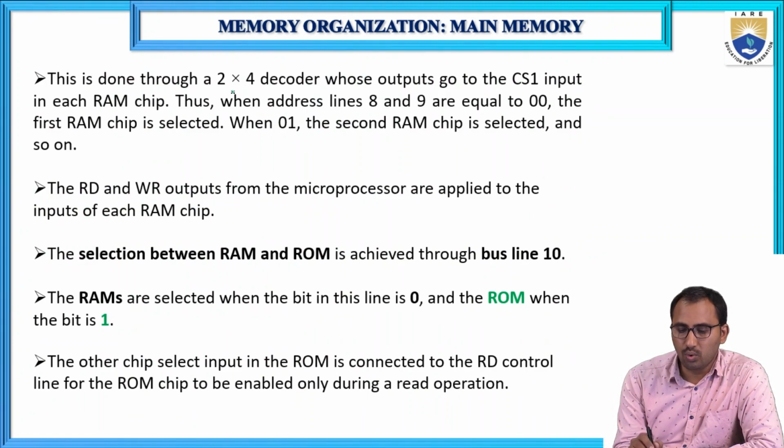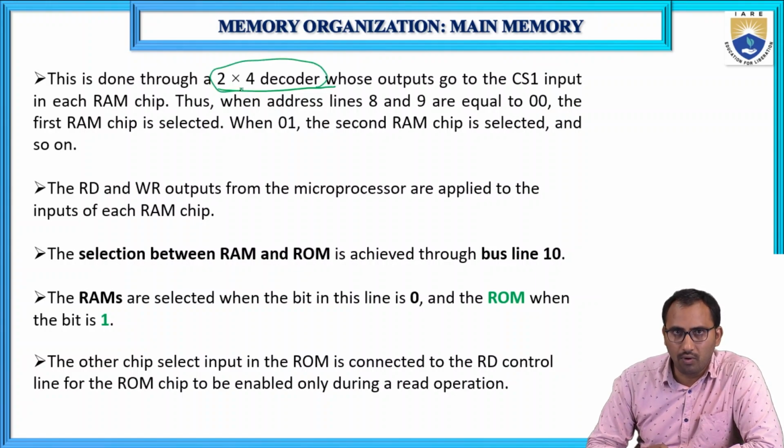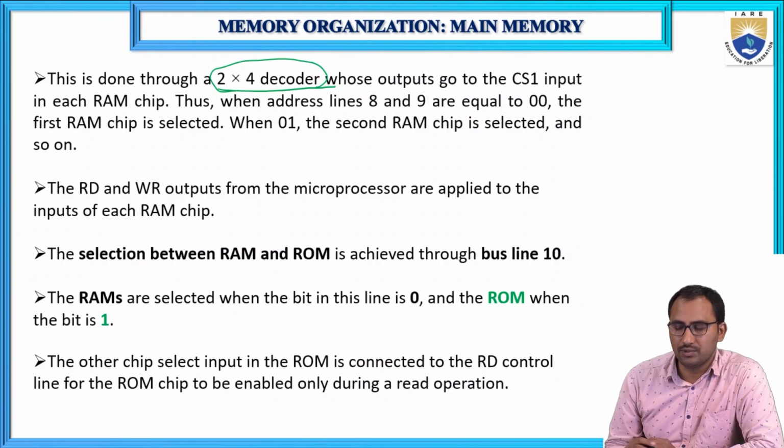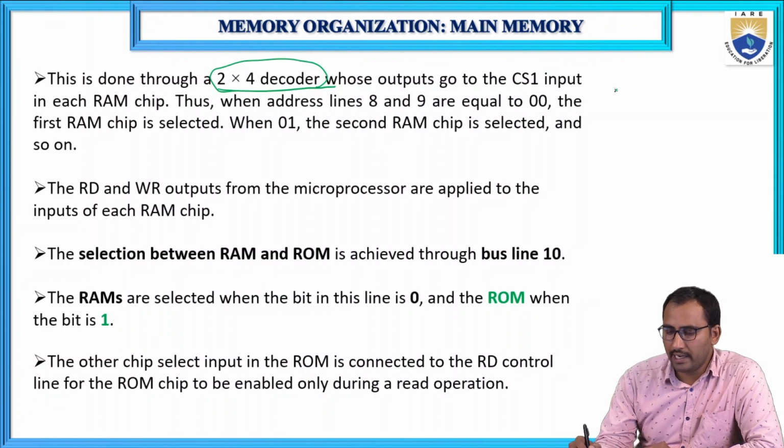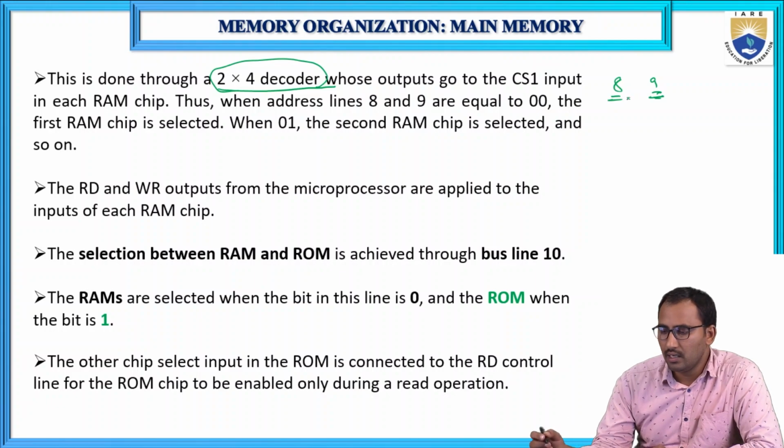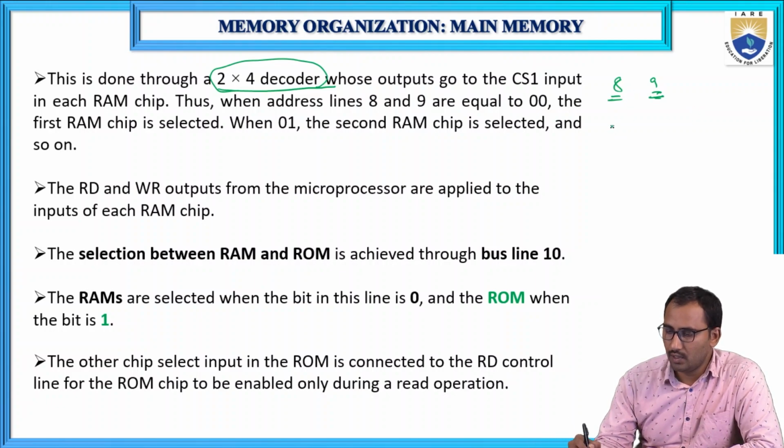So this is done through a 2 by 4 decoder. Using the 2 by 4 decoder, we are selecting the RAMs. Based on the 8 and 9 lines, we are choosing the RAMs: 0 0, 0 1, 1 0, 1 1.